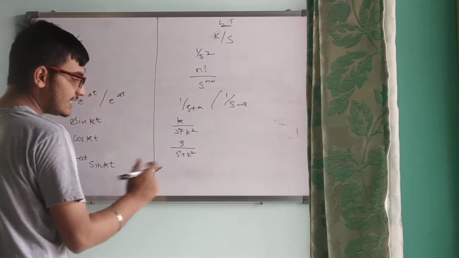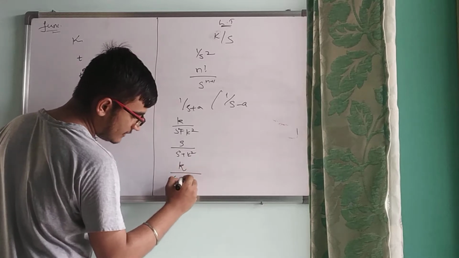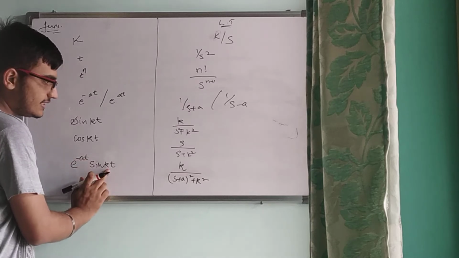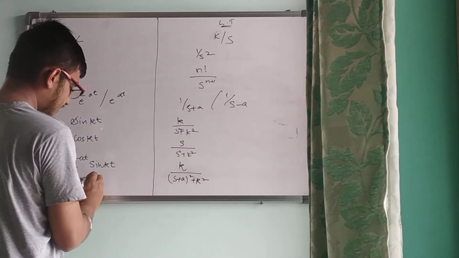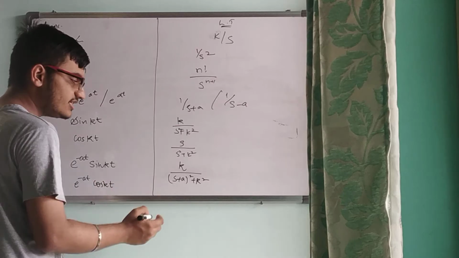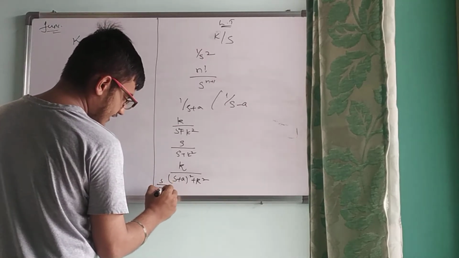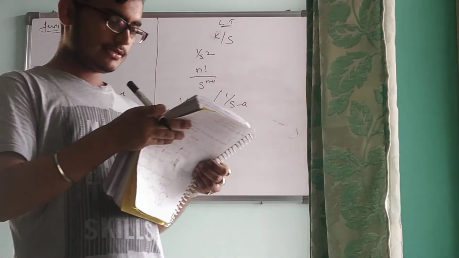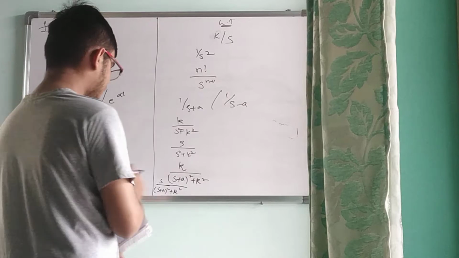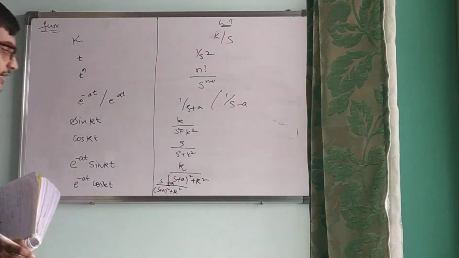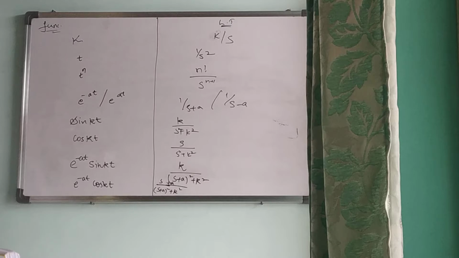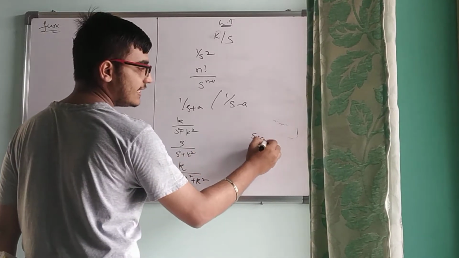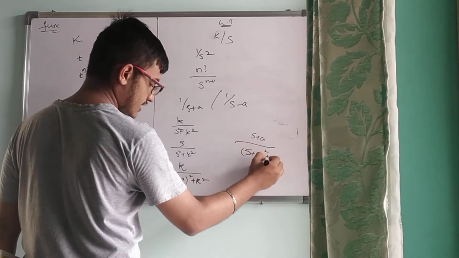It's e power minus at sin kt, no? So it is k by s plus a whole square plus k square. And e power minus at cos kt is equal to s plus a by s plus a whole square plus k square.